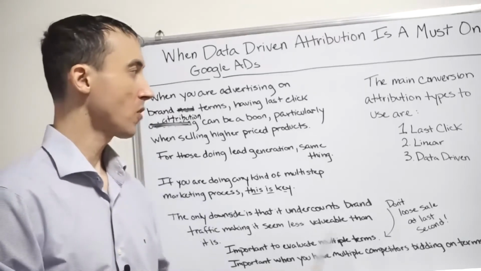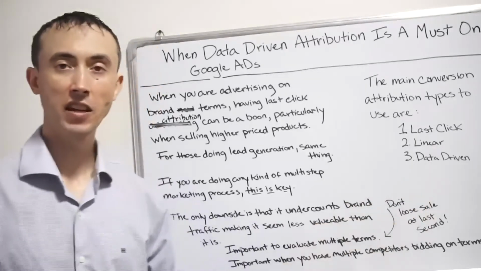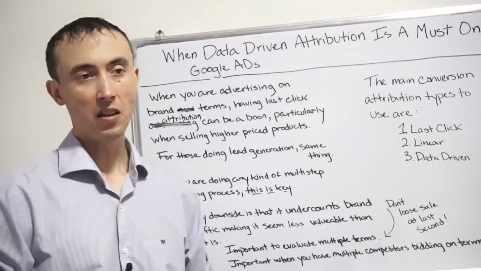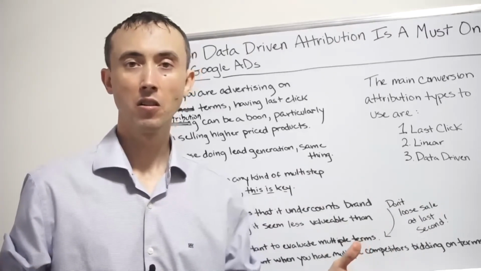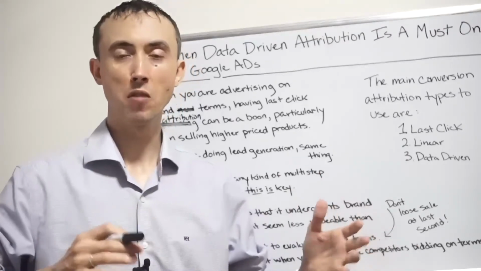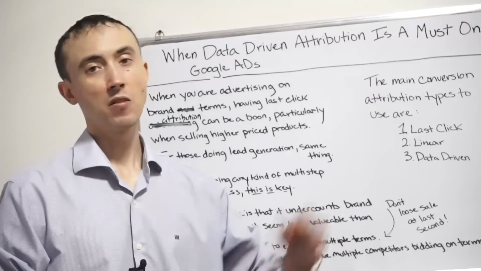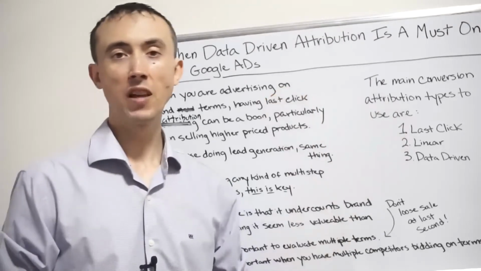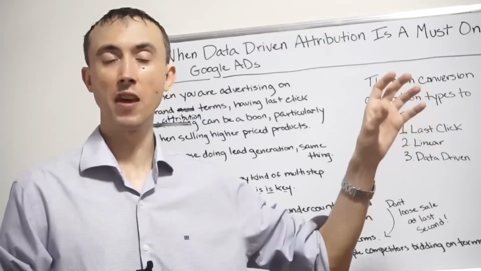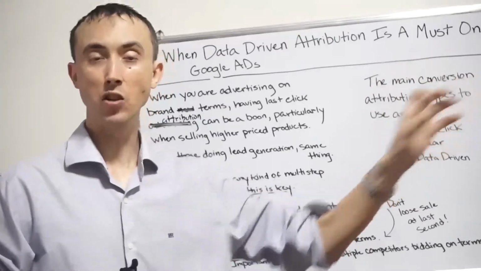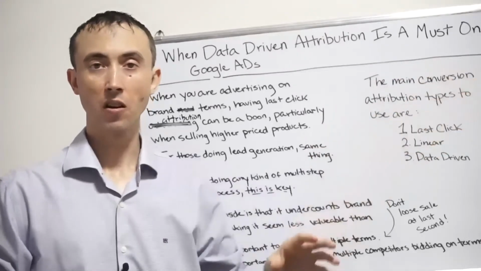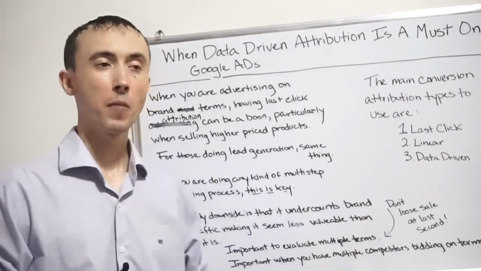Versus definitely last click, and more so than even linear, because somebody that reads an article for 15 minutes, a branded article about everything they need to know to buy the best fishing rod, can be 5 times more likely to purchase if they later make a search and our other ad shows up for them as we're placed to be there when they're looking for fishing rods for sale.